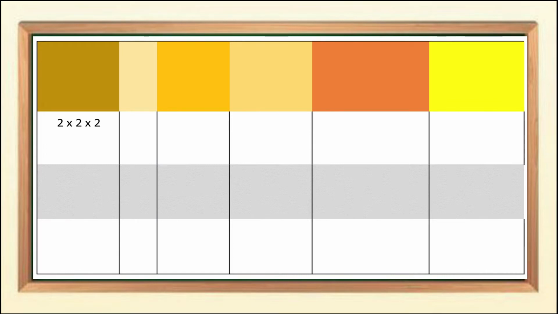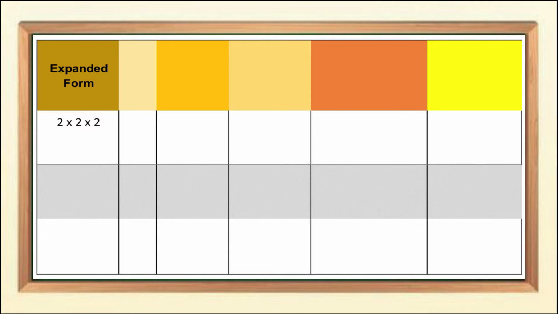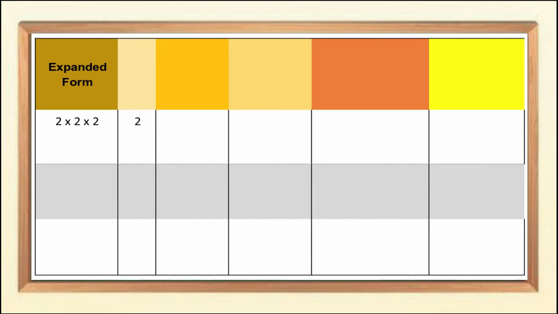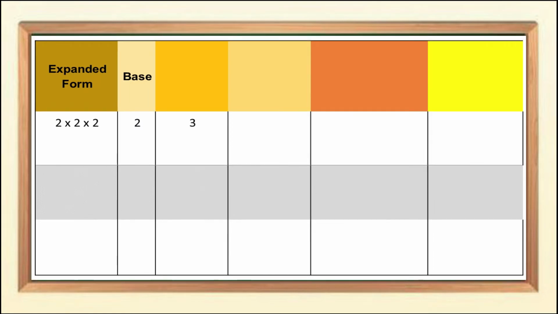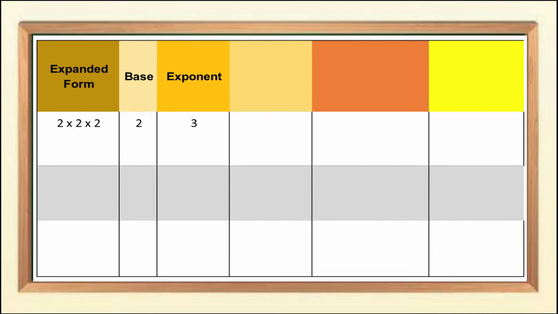Let's have another example. We have here 2 times 2 times 2, which is an example of expanded form. We can see that 2 is being multiplied repeatedly. This is what we call the base. The base is being multiplied 3 times, and that's the exponent.